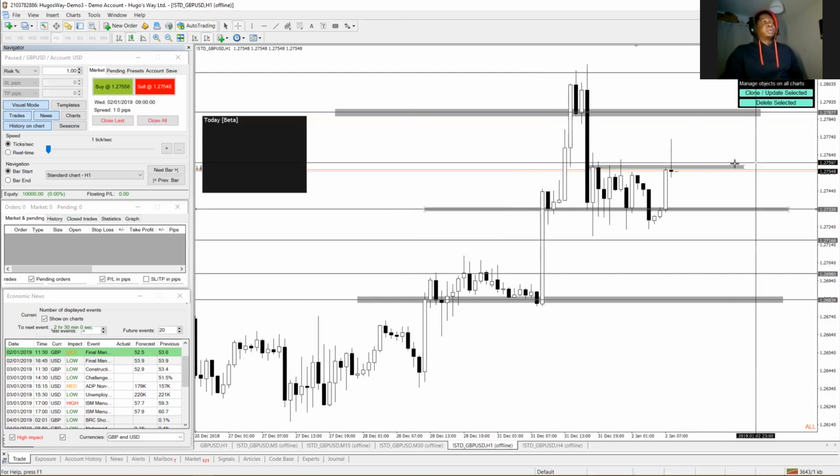So we're going to measure this range, which is about 28 pips. If we can close above this lower time frame resistance, then we can easily take the breakout to the upside, or if we hold support above here, then we'll be taking the breakout to the upside, or we take the retest.